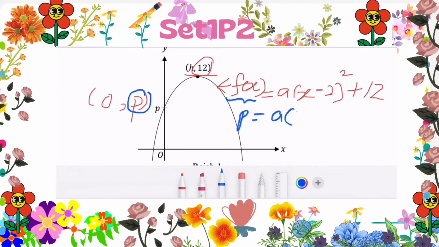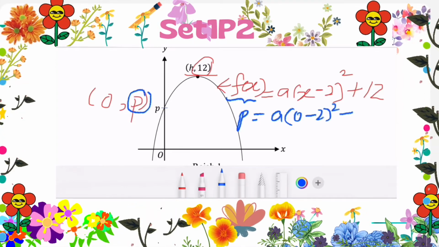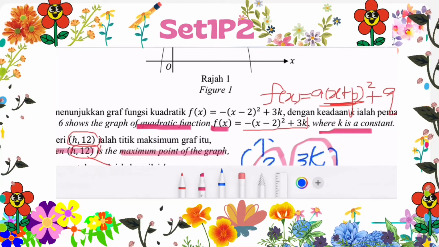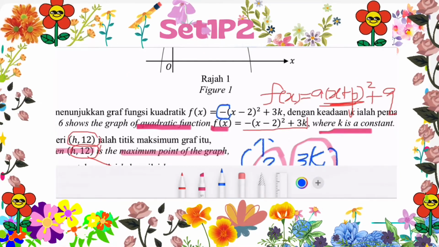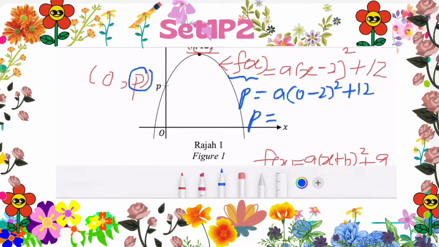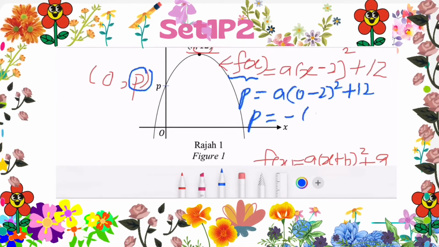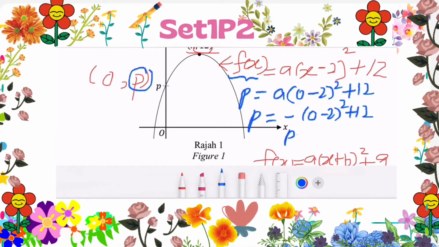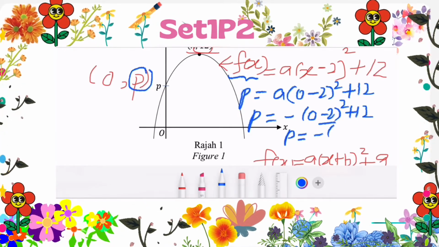then here will be negative (0 minus 2) squared plus 12. So the problem is we need to find the value here, it was given negative 1, 0 minus 2 squared plus 12. So p is negative, this is positive, right?